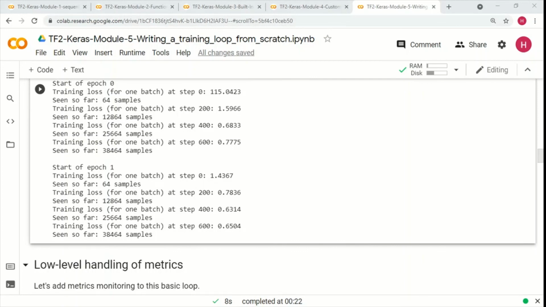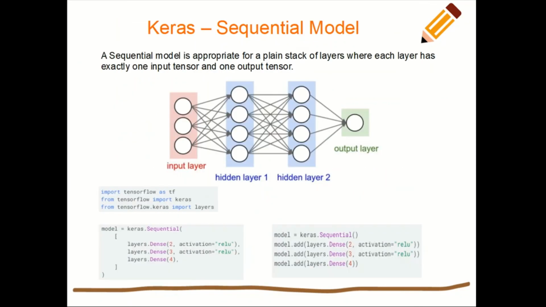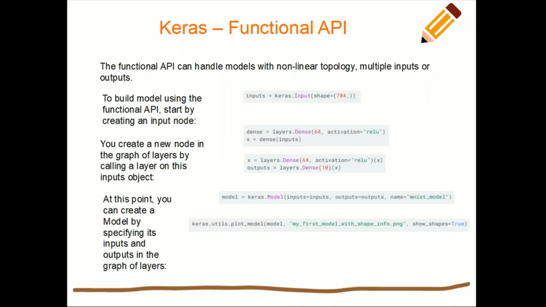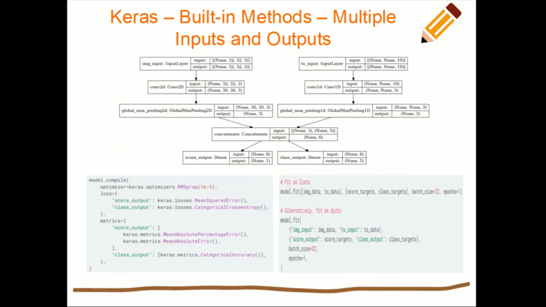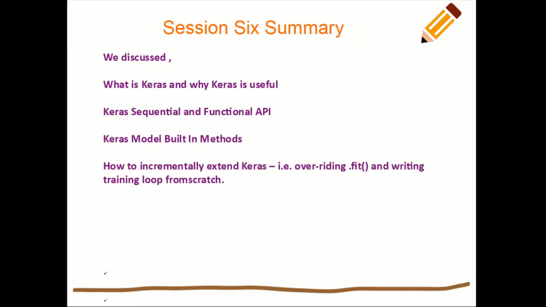So let's go to our summary. Let me quickly take you to the summary. This is the session 6 summary. What we have discussed: what Keras is and why Keras is useful.